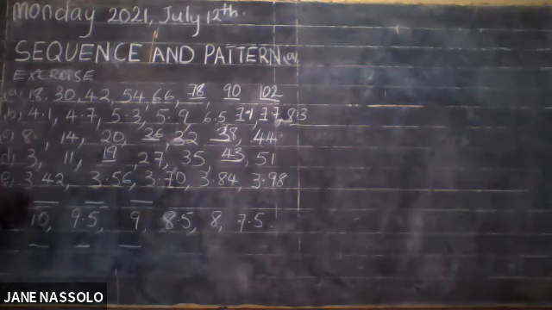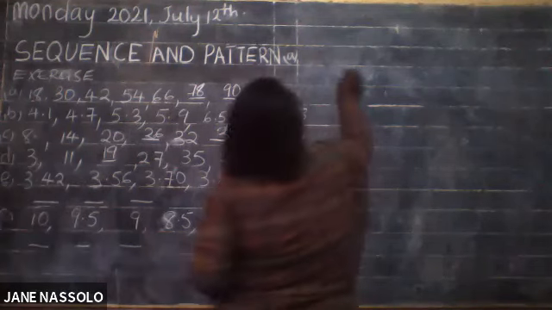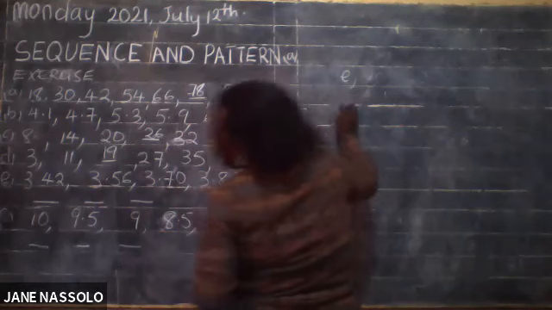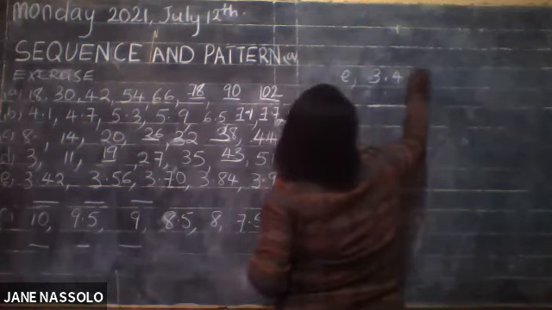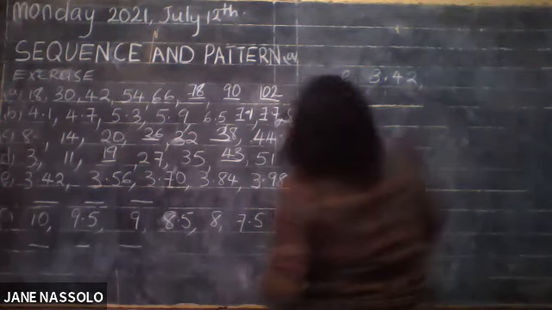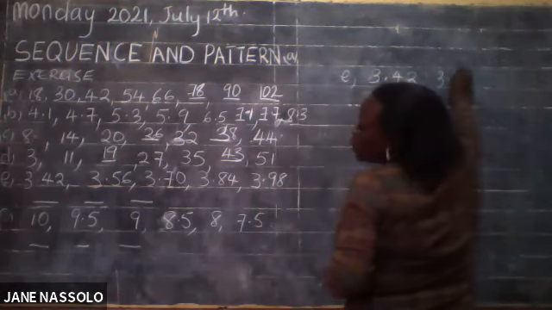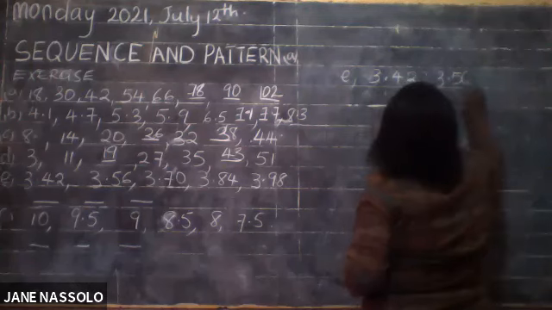Now part E. We want to obtain the next three numbers. The first two numbers are 3.42 and then 3.56.